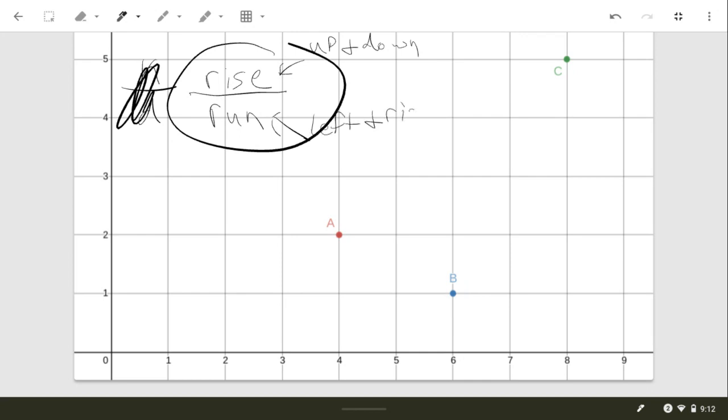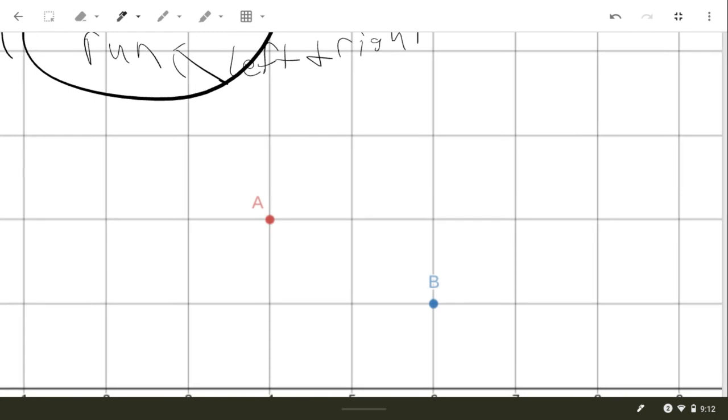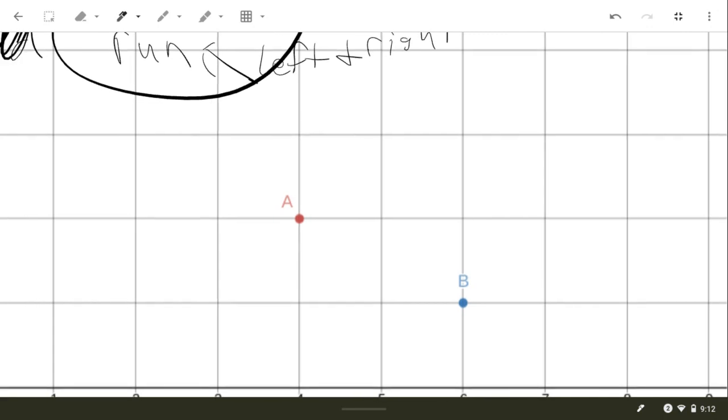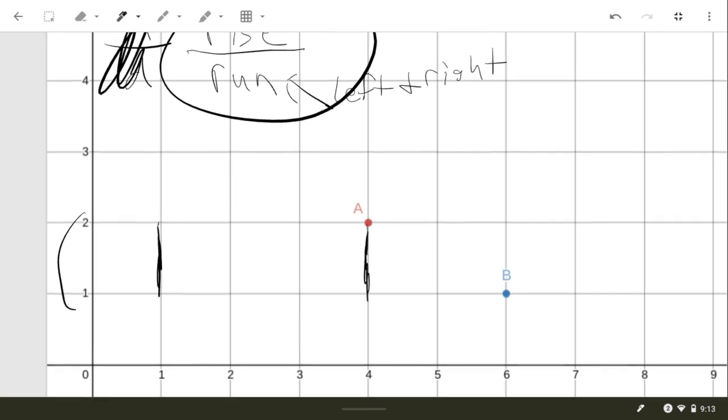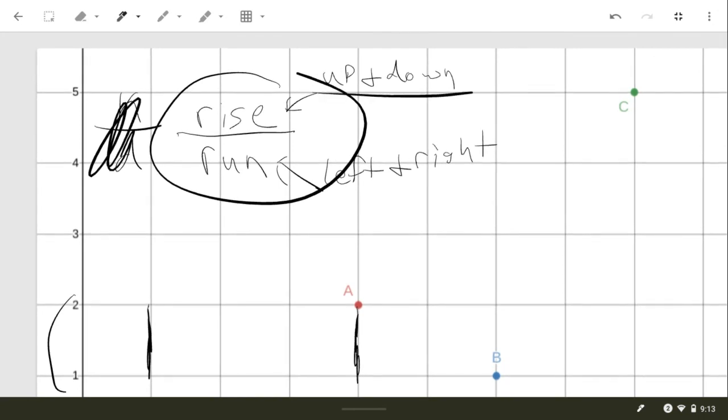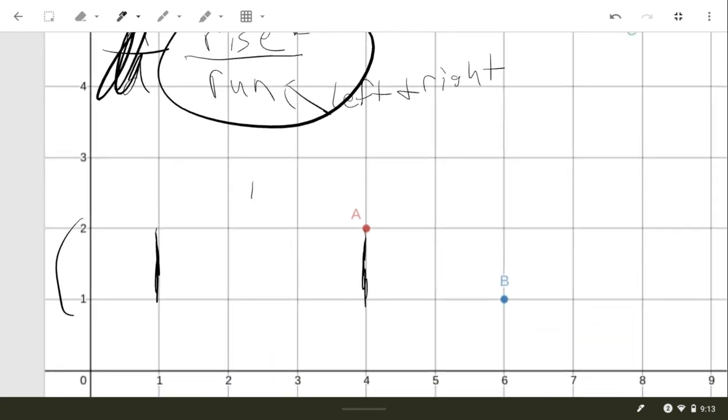So let's look at A and B. If we're asked to find the slope of the line between points A and B, we need to identify how much it goes up and down. Notice each of these little grid squares is 1 unit. So to get from A to B, we have to go 1 unit down. That's going to be the top number of our fraction: 1 unit down.